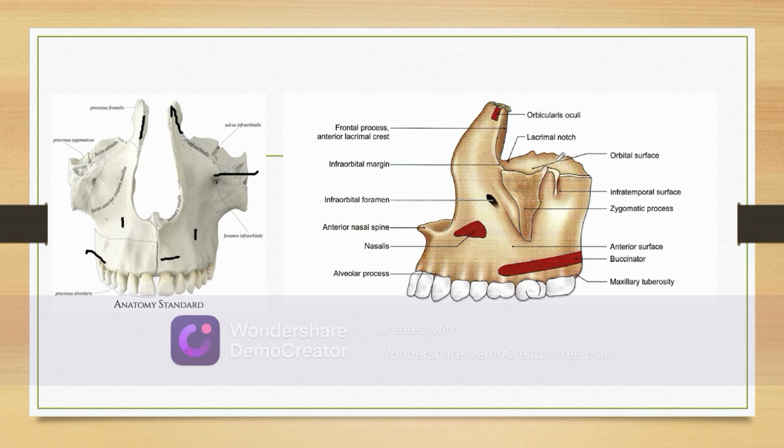This diagram is referred from your BD Chaurasia. We will read about this frontal process, anterior lacrimal crest, infraorbital margin, infraorbital foramen, anterior nasal spine, and the nasalis muscle which is attached to this portion. All of this we will learn in this video.